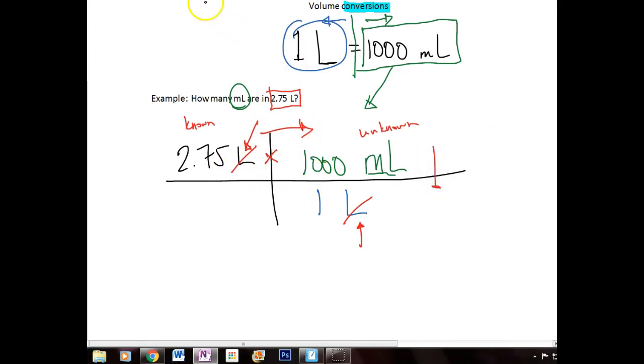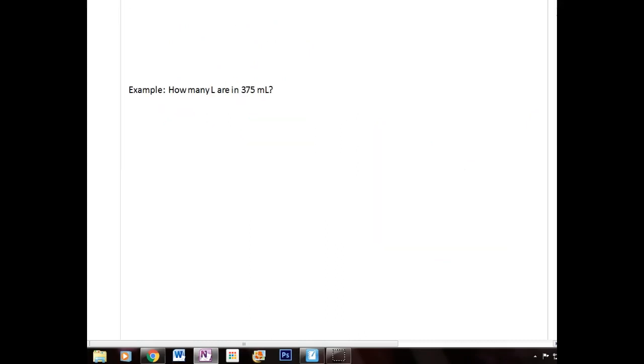So 2.75 times 1,000 gives me 2,750, and the unit that's left over is milliliters. I divide that by 1, I get the same answer, and there is my correct answer for converting between milliliters and liters. I'd like to give you one more quick example.